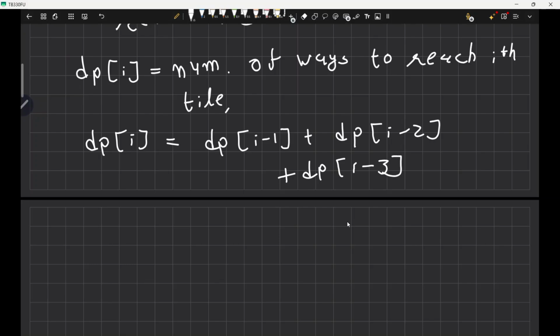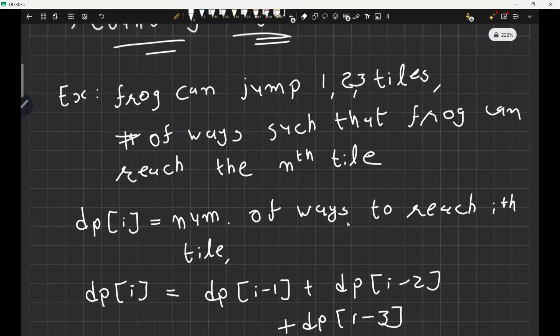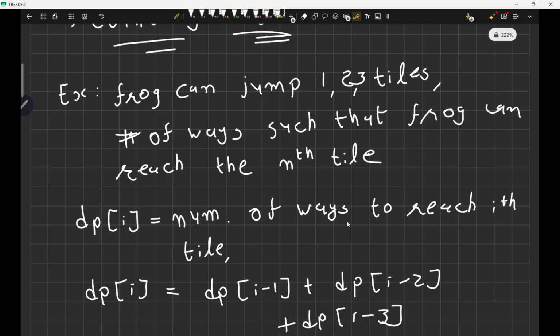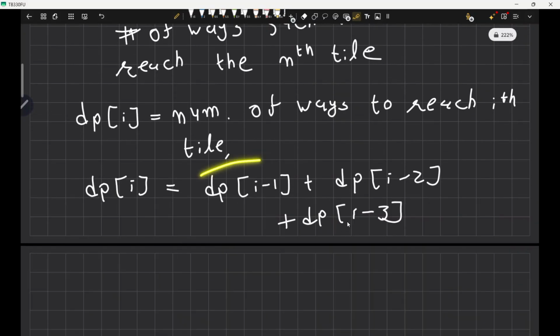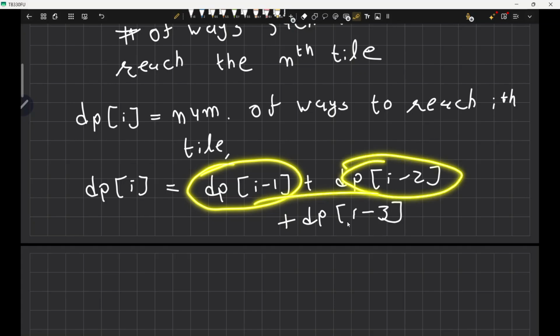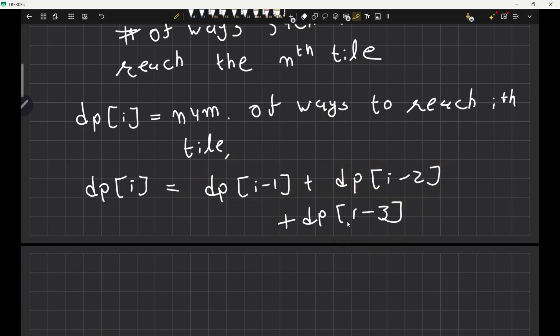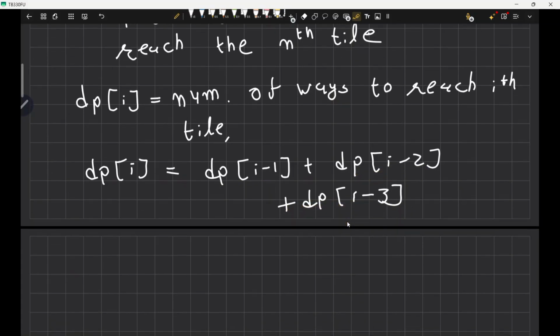This is how we can make the transition, and this was the question about counting something. When you have to count something, you just sum up all of the possible ways you can reach something, or all of the possible ways to do the work.